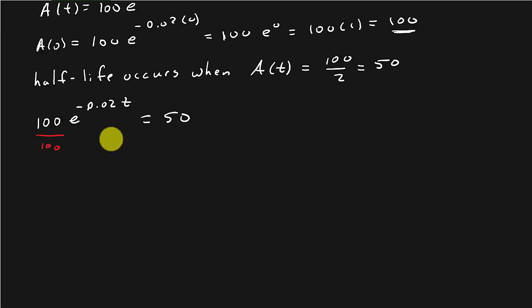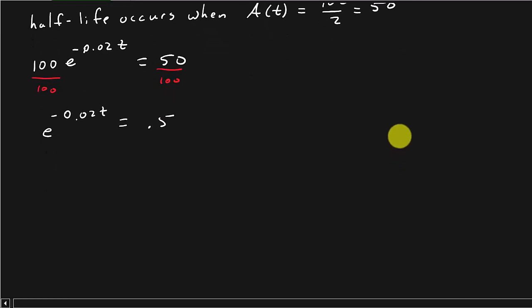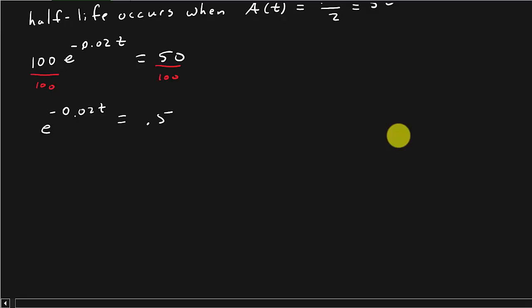So I'm going to divide everything by 100, and so that's e to the negative 0.02 T equals 50 divided by 100, which is a half, which is 0.5. All right, so now we have to solve this.